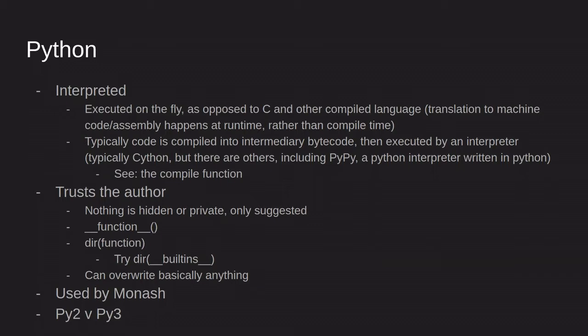You can suggest that something be private using the notation of double underscore something double underscore, which is what we call dunder, just as shorthand. But you can look at whatever you want. You can override whatever you want. That means if you don't like the way Python does imports, you can literally override the double underscore import double underscore function and hack Python so that imports are different.